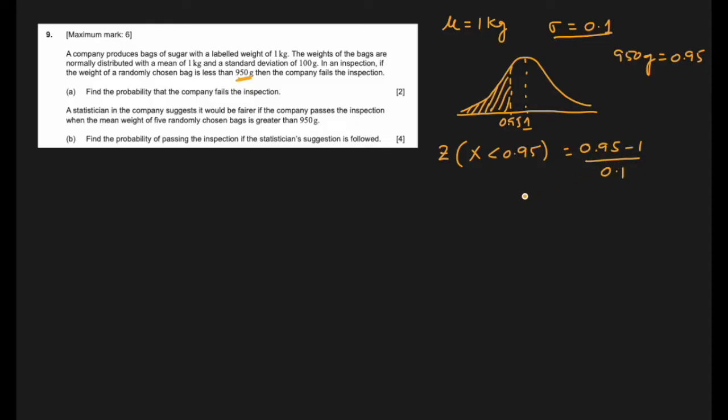So negative 0.05 over 0.1, which is negative 0.5. This is the z score, and we have to find now P for z less than negative 0.5. For that we need to use our calculator.